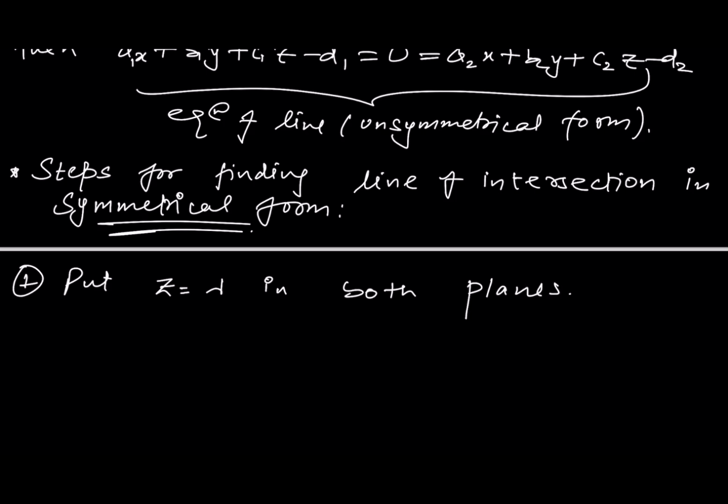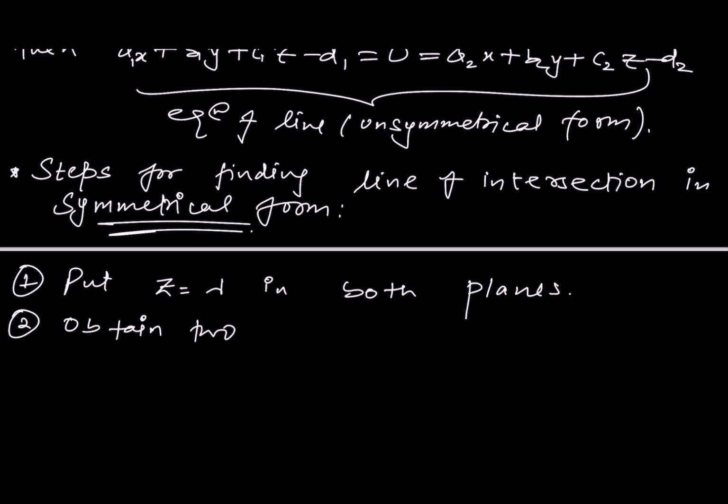As we know, the equation of line contains infinite points, so we can put z is equal to lambda for any real. Now second step, obtain two equations after putting z as lambda in both equations of planes, right?